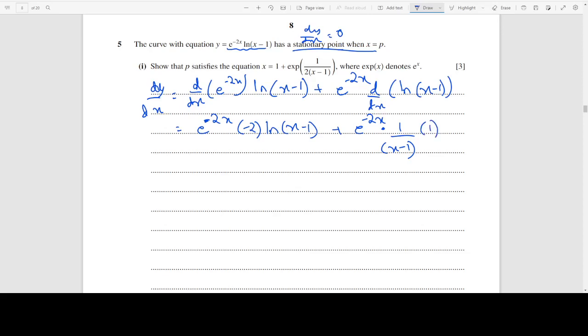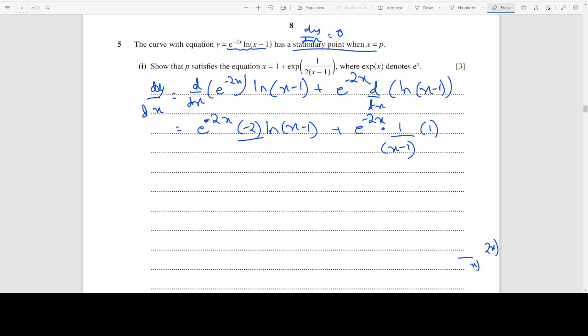I hope you guys understand why I'm multiplying this minus 2, because you have e raised to minus 2x, the derivative of this is e raised to minus 2x again, but that will be multiplied by the derivative of minus 2x. Chain rule: you first take the derivative of the whole thing, then you take the derivative of the thing inside, which is minus 2x, and then you multiply it by that.